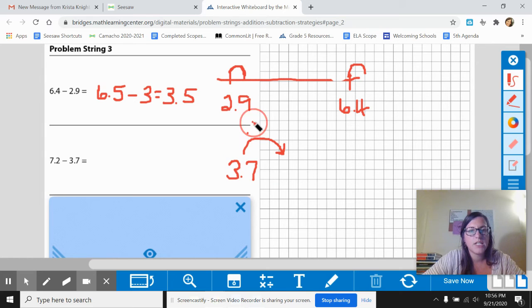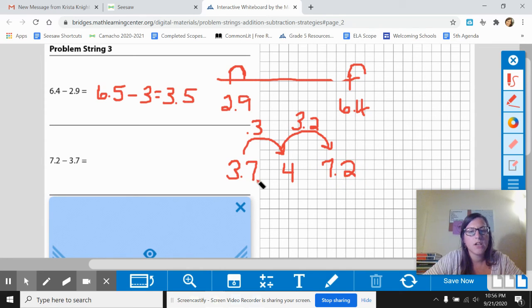I'm going to add 3/10 to get me up to 4 wholes. I had 7/10, 3 more will get me to 10/10 or a whole. And then to get up to 7 2/10, I need to add 3 2/10 to get me up to 7 2/10.